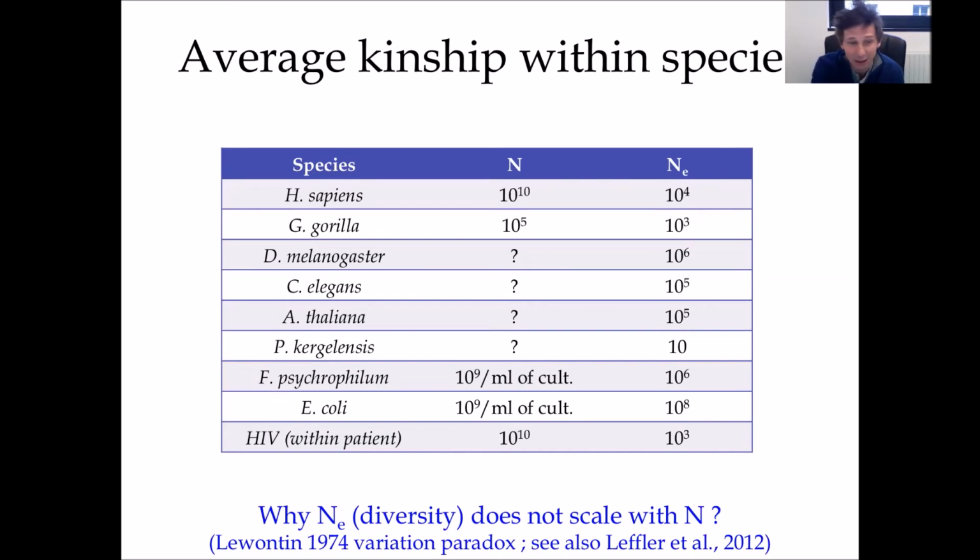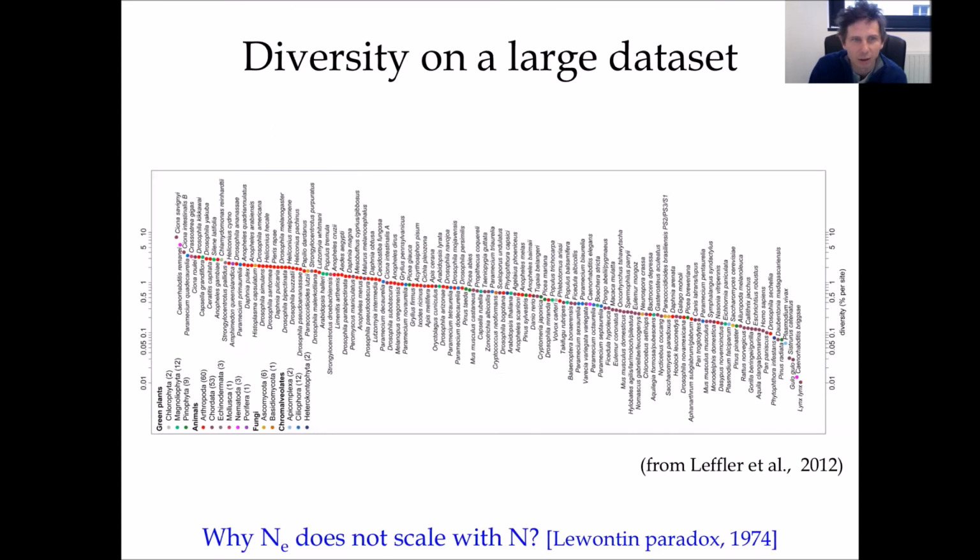And that's exactly what Lewontin pointed out in 1974. That's a recent review on the subject, where they collected all the pairwise diversity in many different species and plotted them.